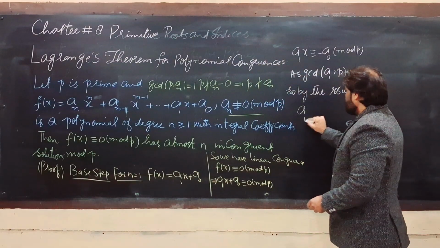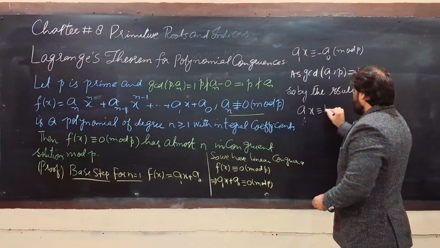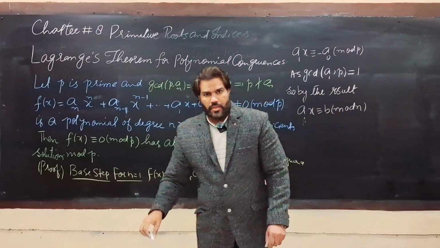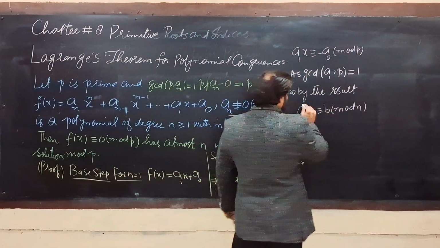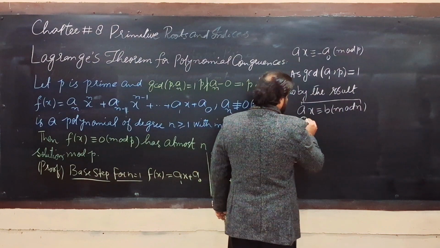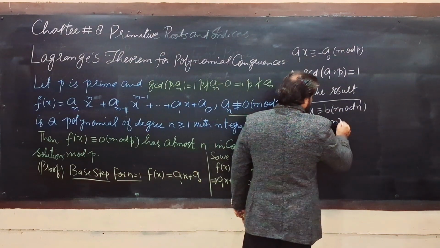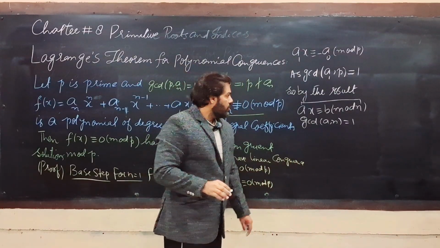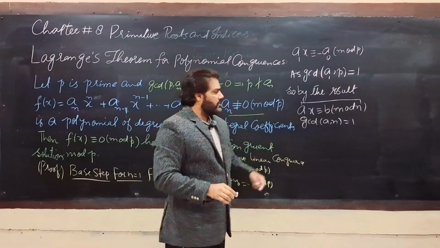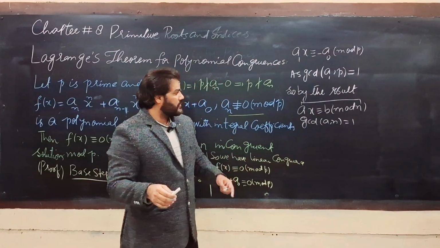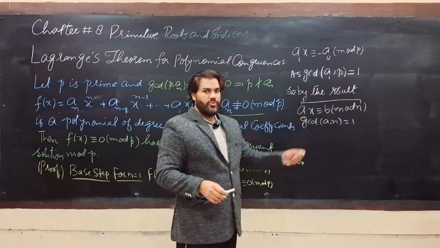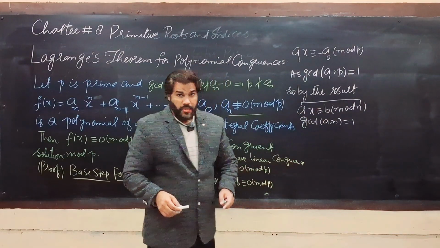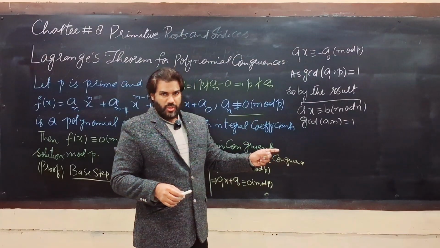If we have a linear congruence ax congruent to b modulo some integer n, and the GCD of a and n is equal to 1, then this linear congruence always has a unique solution. You will give the reference of this result. We know from the result that this linear congruence has a unique solution if the GCD of the coefficient of x and the modulus n is equal to 1.